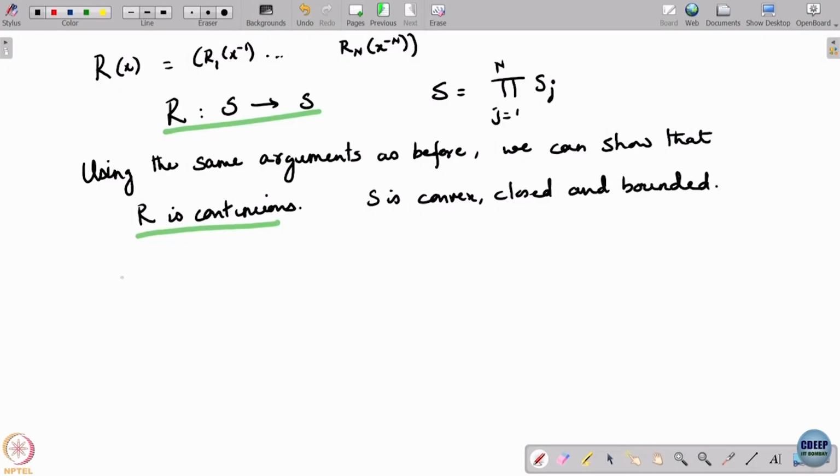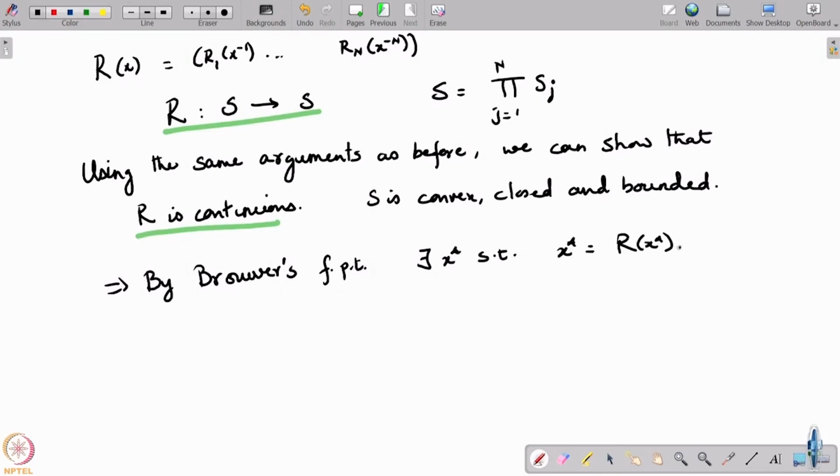Which means then by Brouwer's fixed point theorem, there exists an x star such that x star is equal to R of x star, which means that there exists a Nash equilibrium.